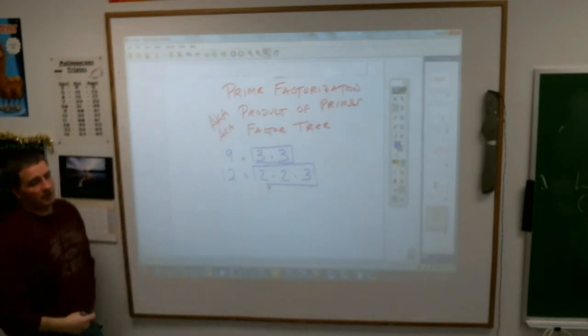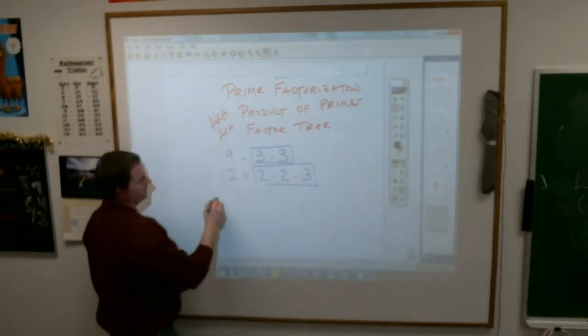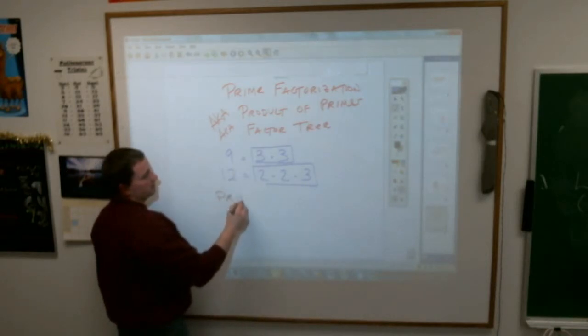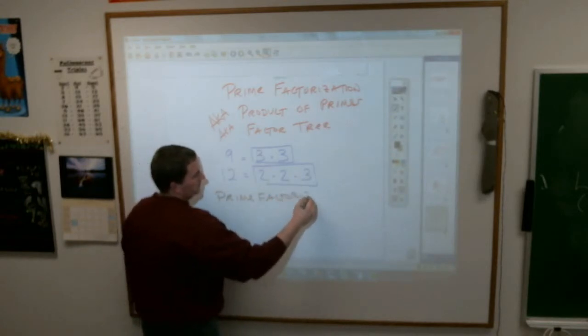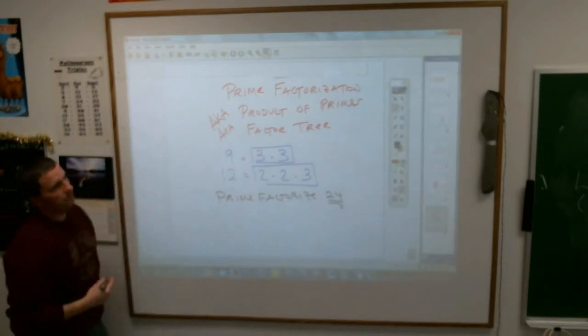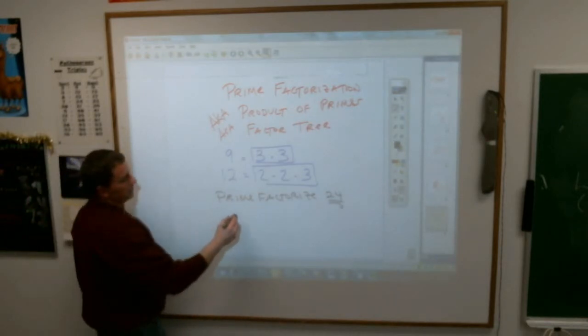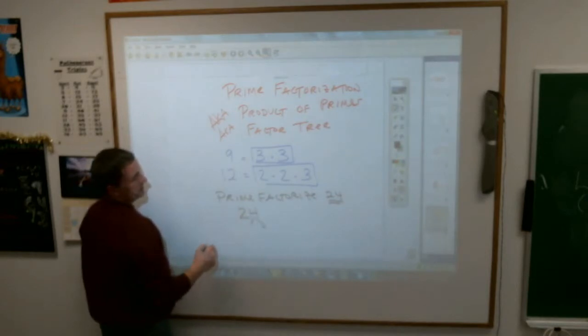The reason they call it a factor tree is if you need to prime factorize, let's say I said prime factorize 24. It's called a factor tree because you start with 24 and then you break it down like branches of a tree.